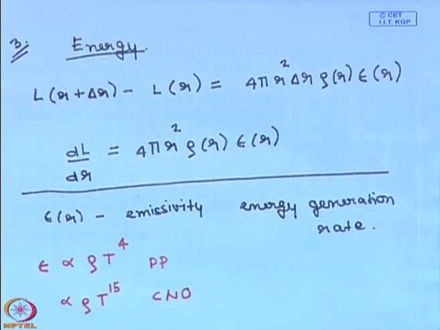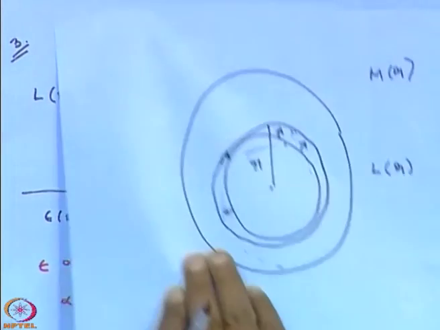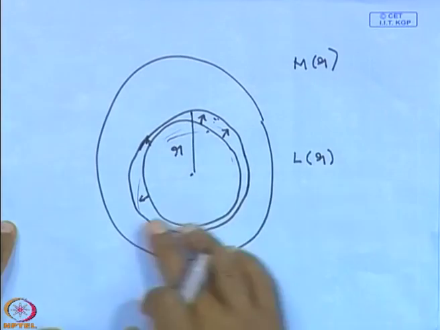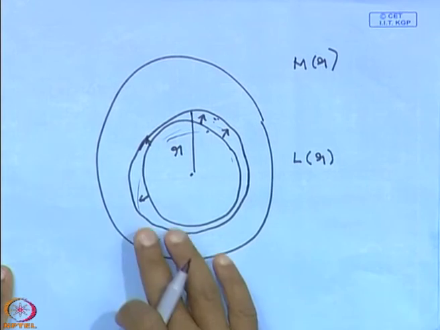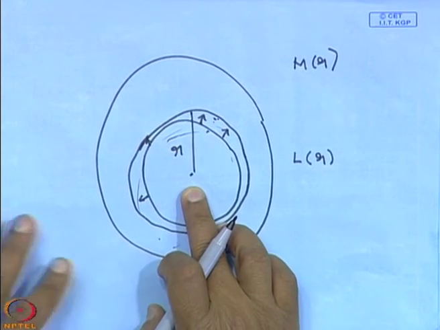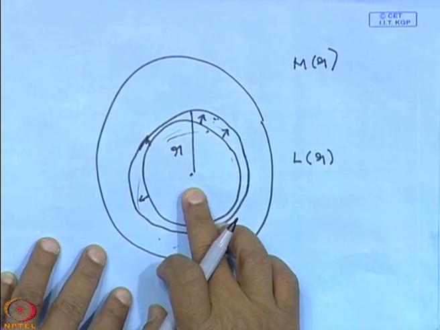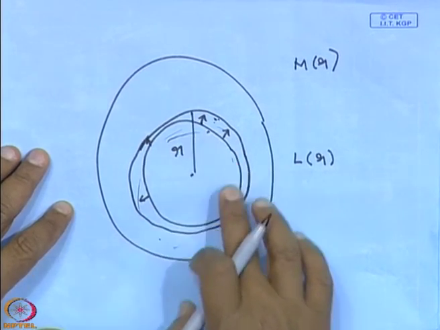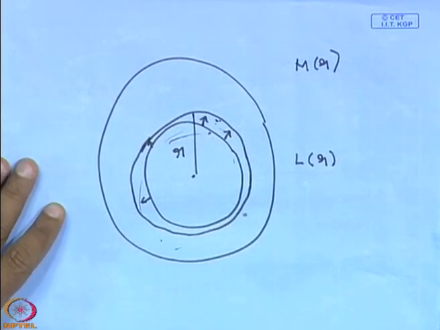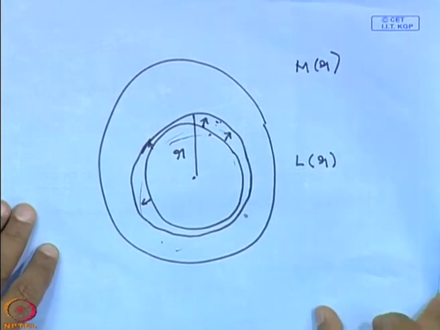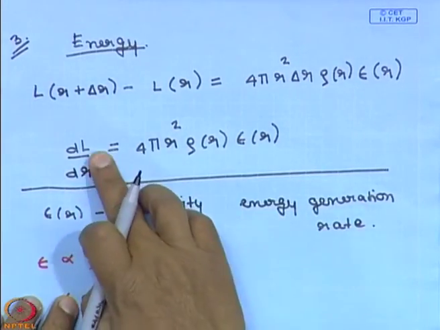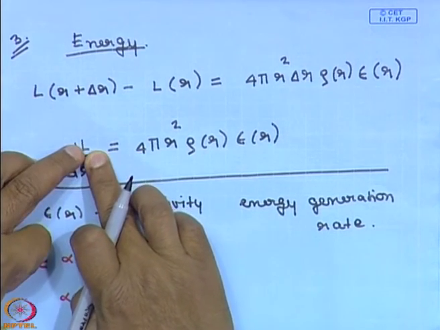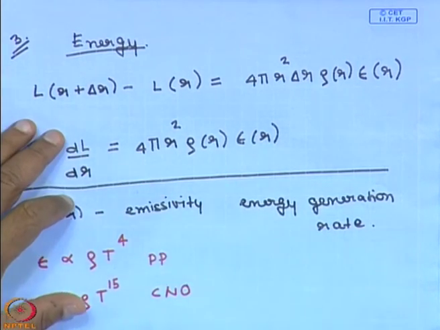So, when you solve for the stellar structure, one has to also take into account the fact that there is energy being generated in different parts of the star. The energy generation rate is more effective in the center, where the density is high and the temperature is high. It is less effective in the outer parts, where the temperature is low and the density is also low. So, one has to simultaneously incorporate this, and that goes into determining how the luminosity changes as we go away from the center.